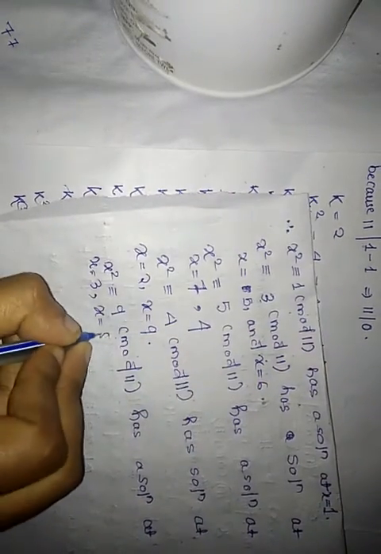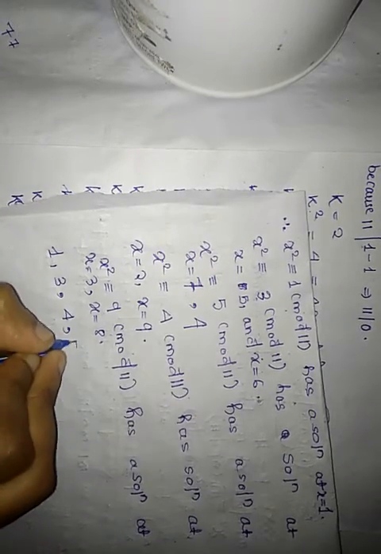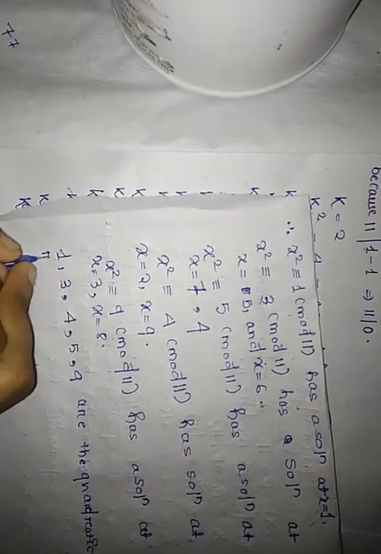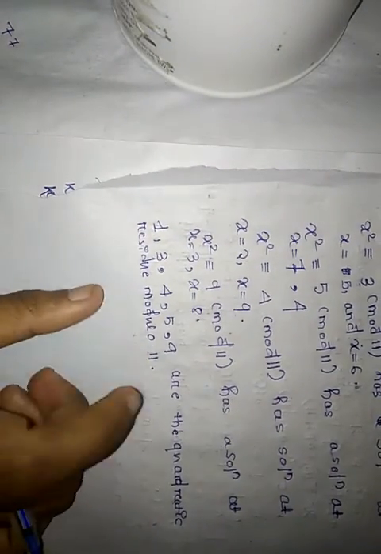Okay, hence what we have got is that 1, 3, 4, 5 and 9 are the quadratic residues modulo 11. These are nothing but the quadratic residues modulo 11.